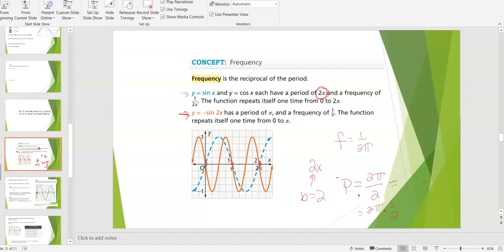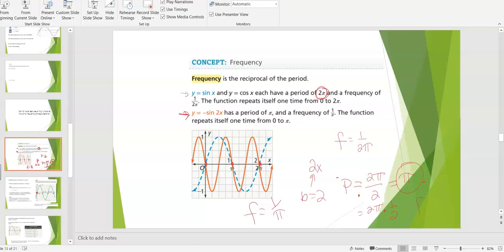So whichever way you like to do that, the period is pi. So that's where that comes from. So the frequency would have to be the reciprocal of that, 1 over pi. So once every pi units, the pattern repeats itself. That's what frequency is all about.